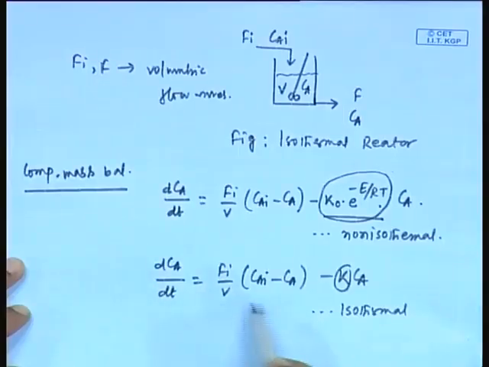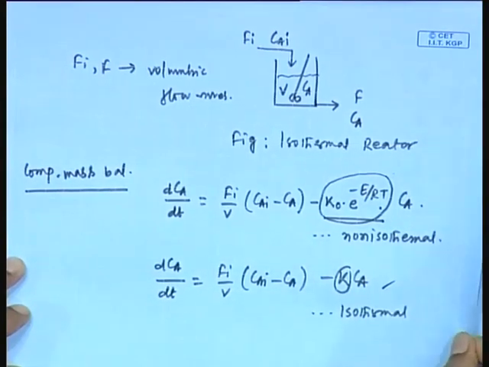Now, we need to represent this equation in terms of deviation variables. Before that, we can simplify this equation. This is our modeling equation: dCa/dt equals Fi divided by V times (Cai minus Ca) minus k Ca.